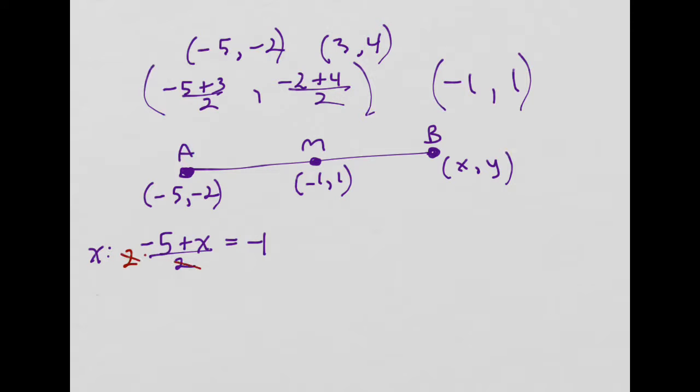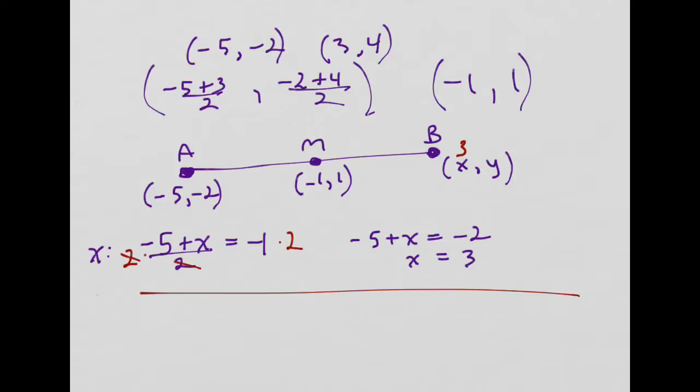Let's multiply both sides by 2. So I've got negative 5 plus x is equal to negative 2. So that means x has got to equal, add 5, x is equal to 3. So 3.